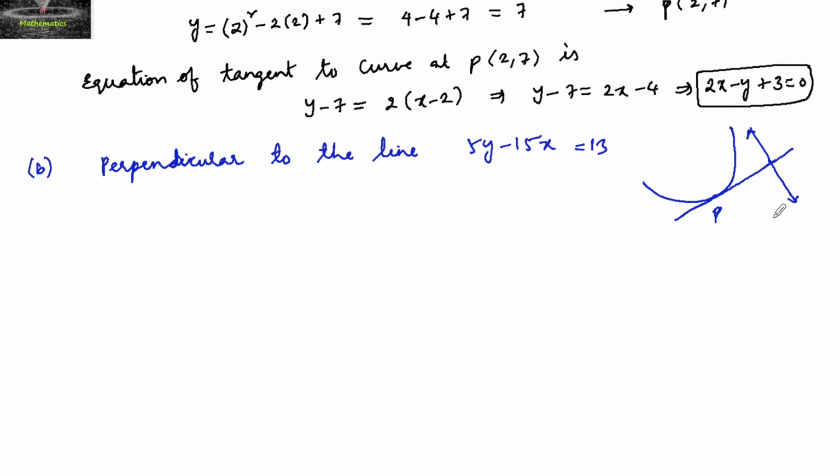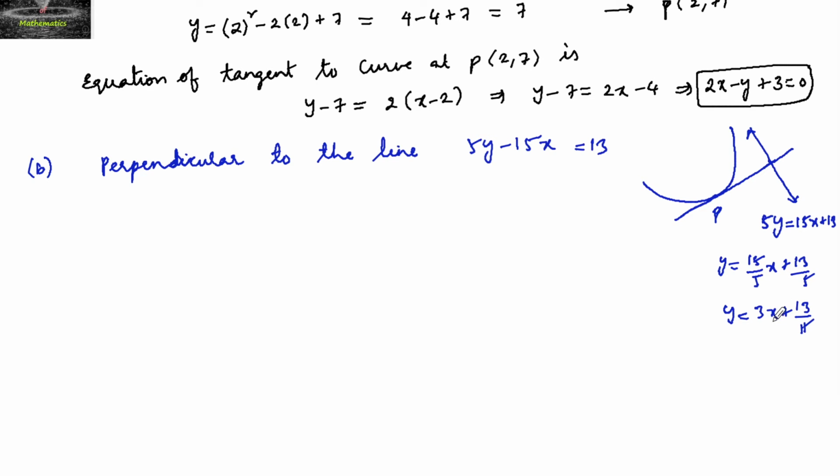5y minus 15x equals 13, or we can write 5y is equal to 15x plus 13, or y is equal to 15 by 5 x plus 13 by 5, that is y is equal to 3x plus 13 by 5.